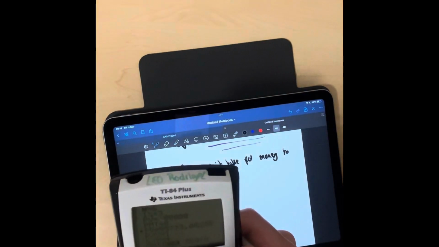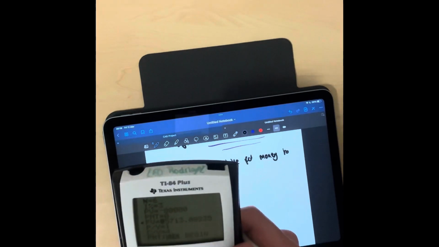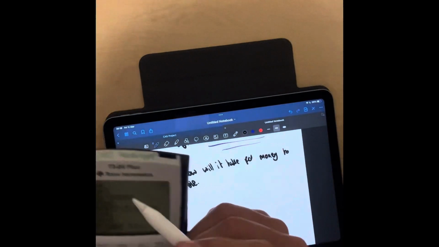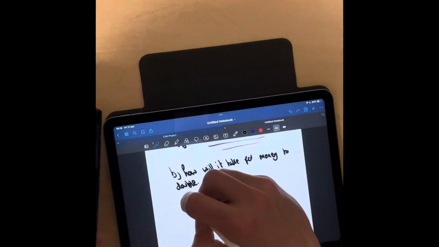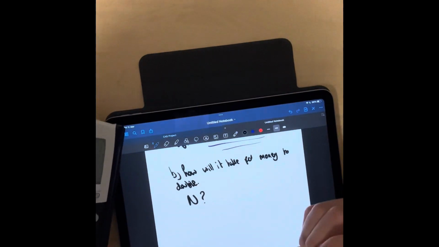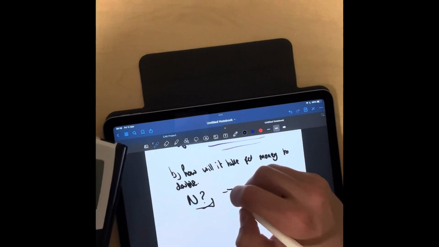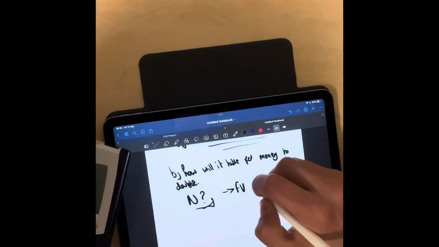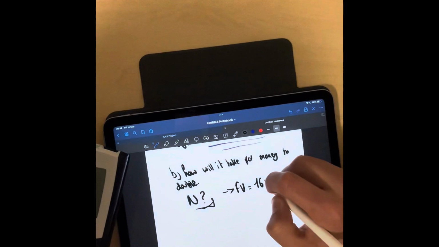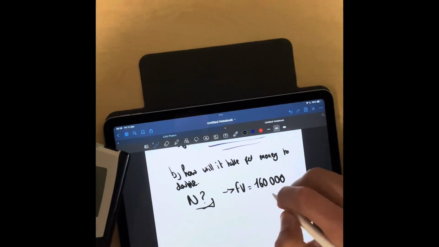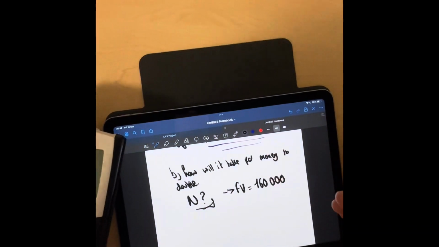However, this time what we don't know in the calculator is the value of n. So we can mark n as a question mark right here. We want the final value FV to be 160,000, as this is twice 80,000, right?